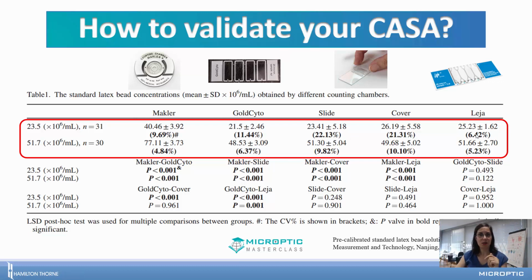So it's very important to keep in mind the effect of the counting chamber when you need to select the disposable to be used in your routine and obviously in your validation. Okay, and just to check if it's comparable to compare one Makler against, for instance, one Leja or not.